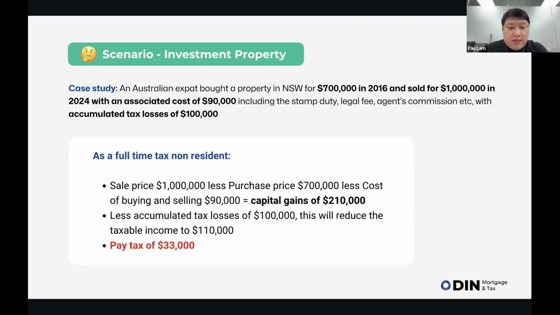You would end up paying tax of $33,000 to the tax office out of the capital gains of $210,000. So this is the scenario. If you're thinking of buying a property right now and will remain a non-resident of Australia, this is the simple, direct calculation you can expect on selling the property as a non-resident.